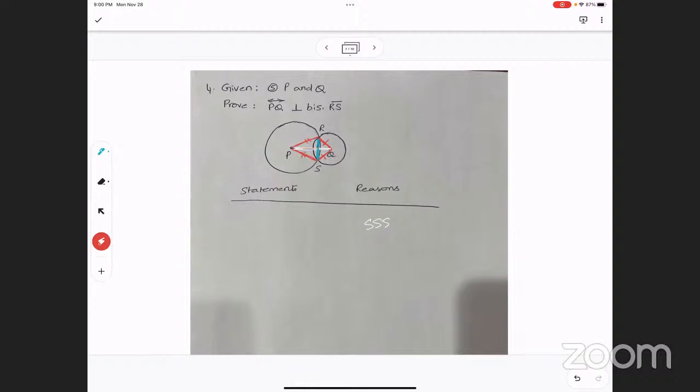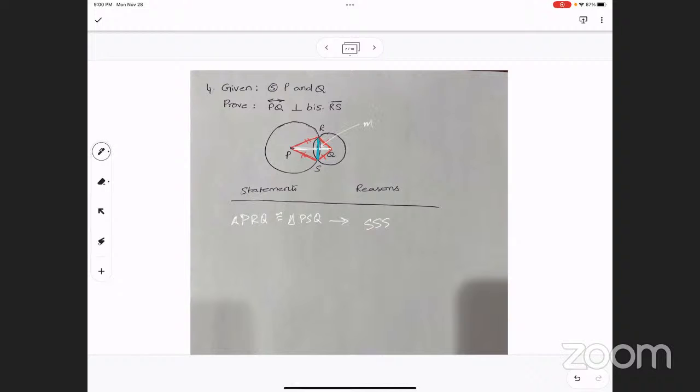I was basically saying that the bigger triangle PRQ is congruent to triangle PSQ. That was the side. But to prove that, we're going to have to name that point right there. Let's call it M for midpoint. Okay. So that point right there is point M.